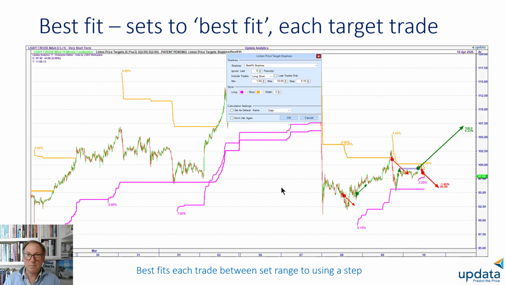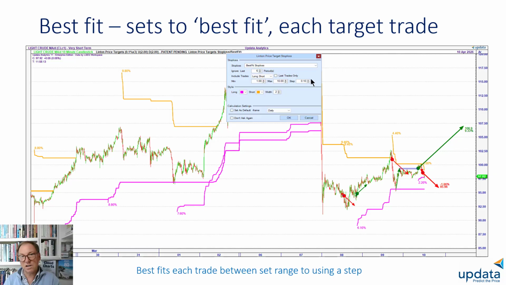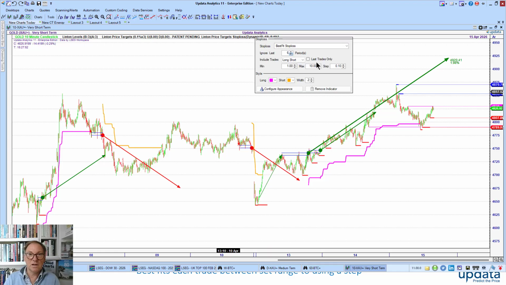Best fit basically finds the best values for each target historically. So it says this one, but actually there's a thing here at the end where it says just show the last ones, and this is quite nice if you're looking at where are we now. I just want to best fit where we are now, best fit the stop loss.